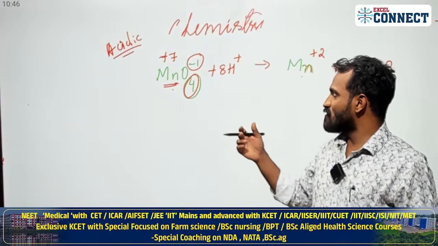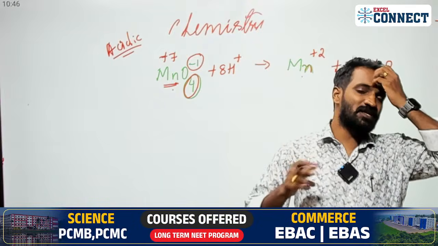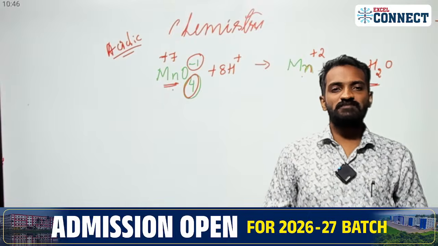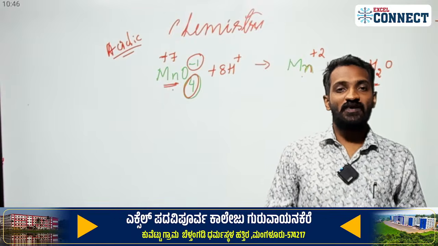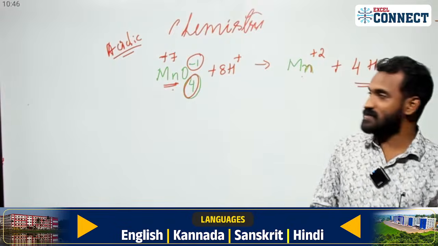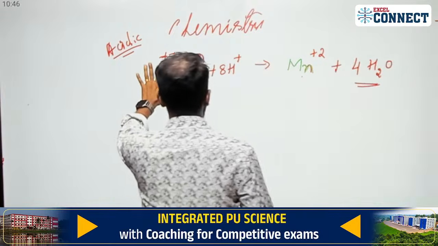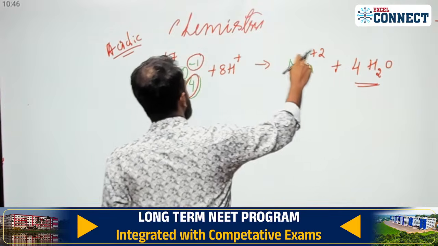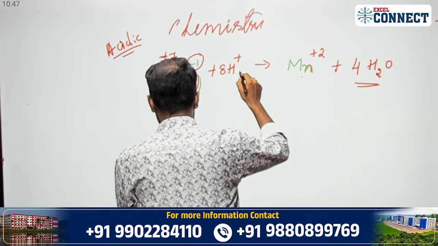My question is now, how to balance electron? Which side? How many electrons? Left hand or right side? The total number of electrons must be given. 5 electrons on the left hand side. Here this is left hand, this is right hand. Here 7 is the requirement, here 2 is the requirement.